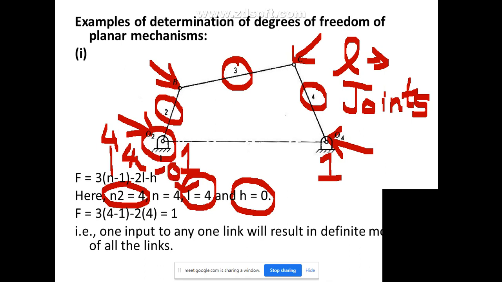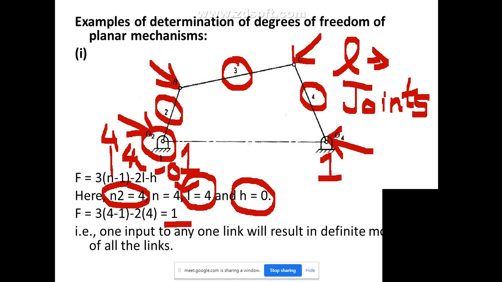So substitute it: 3 into (4 minus 1) minus 2 into 4, and the h term is 0, so we neglect it. So by doing this you get the answer as 1. Okay. So the degree of freedom for this mechanism is equal to 1.